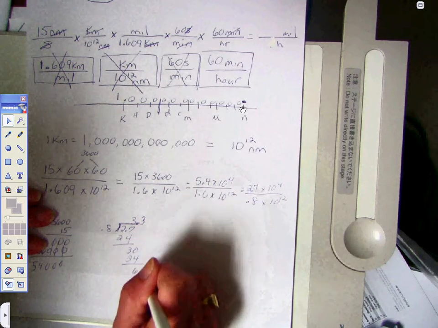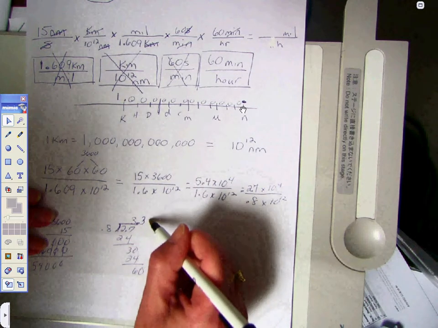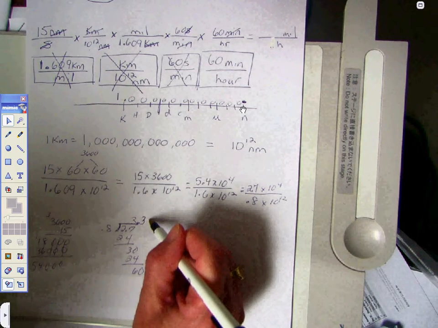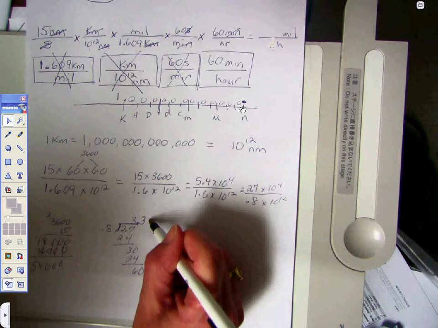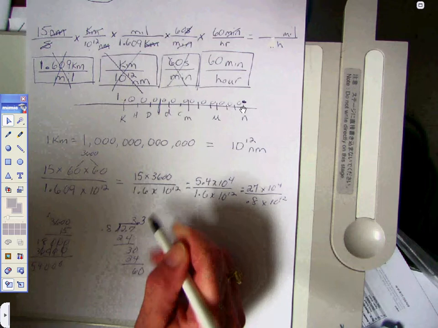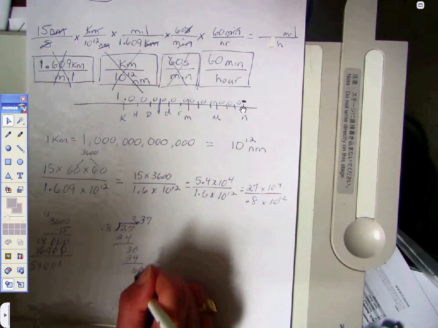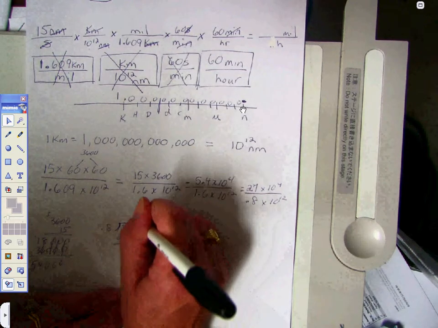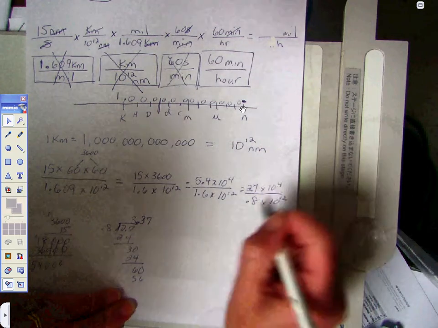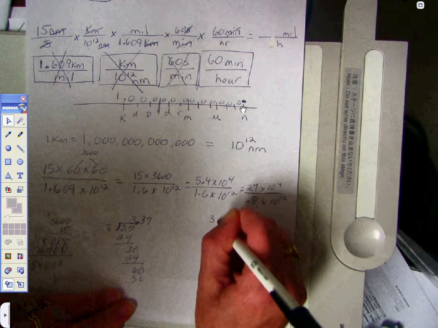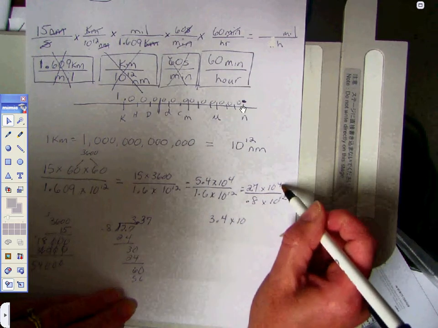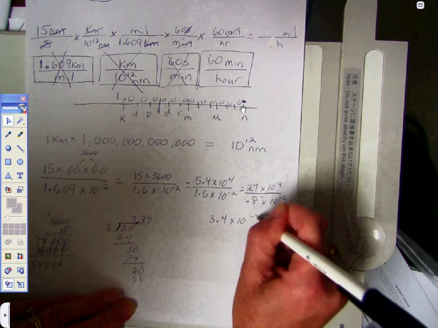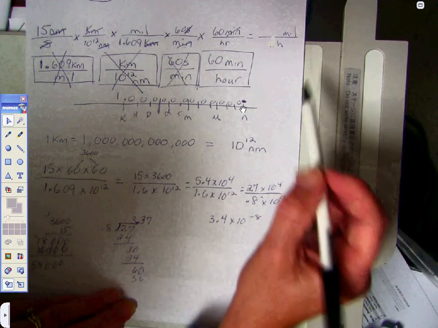Then 7 times 6 is going to be 42. 8 times 8 is 64. That's going to be 7 times 8, which is like 56. And I can stop here and just round this to 3.4. Okay, so I can say 3.4 times 10 to the, what is 4 minus 12? That's negative 8 miles per hour.